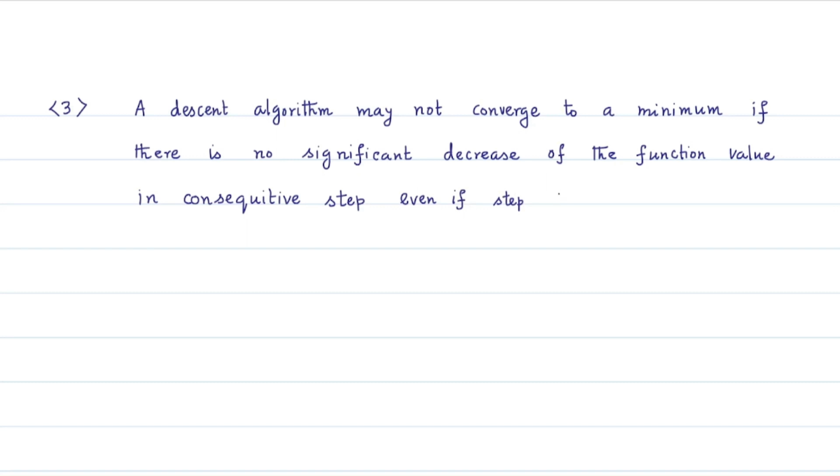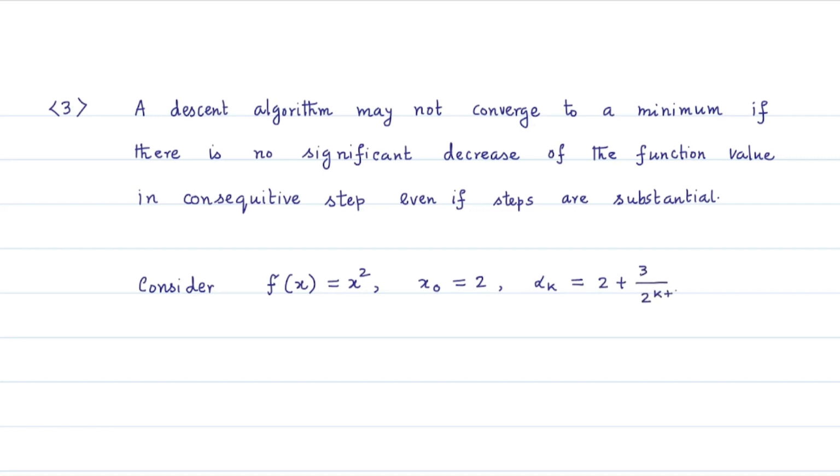By steps we mean the step lengths. For example, we consider f(x) equal to x square, a function of one variable, choose the initial point equal to 2, step length alpha k as 2 plus 3 divided by 2 to the power k plus 1.